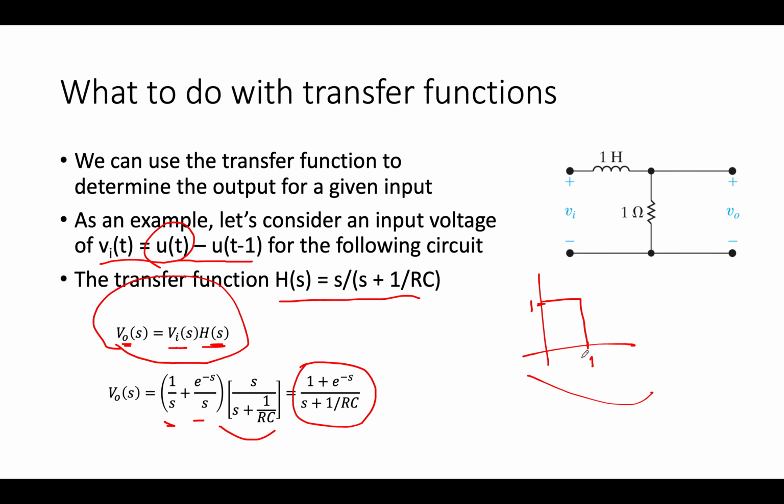You'll get the same result. If you take the inverse transform of this, you'll notice that you'll get one term that looks like e to the minus 1 over RC t, and you'll get another term that looks like a time-shifted e to the minus 1 over RC t. So I'll leave you to take the inverse transform of this to look at what that solution looks like.